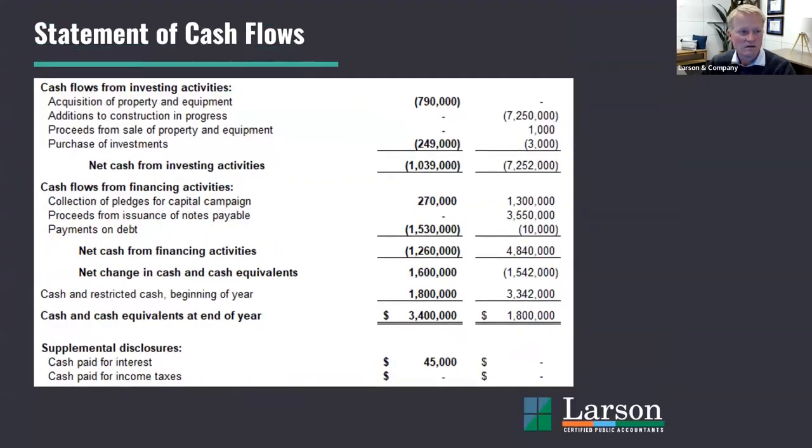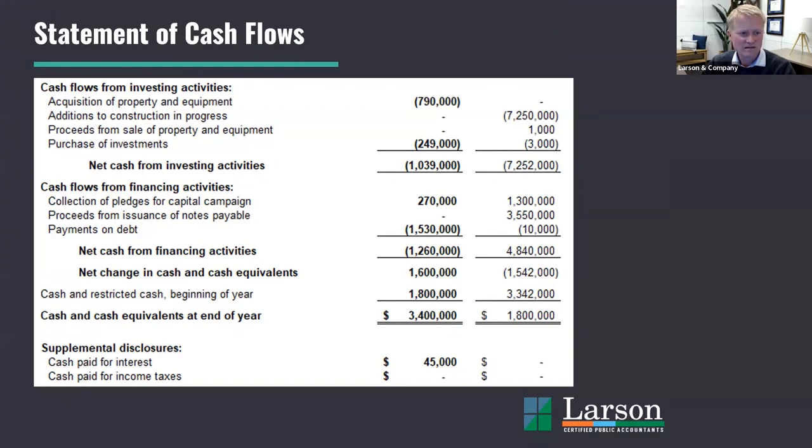Here are the cash flows from investing activities and the cash flows from financing activities, and these are typically direct. These are the exact cash amounts that were spent in these areas. The investing activities include investment in property and equipment, and purchases or sales of investments.